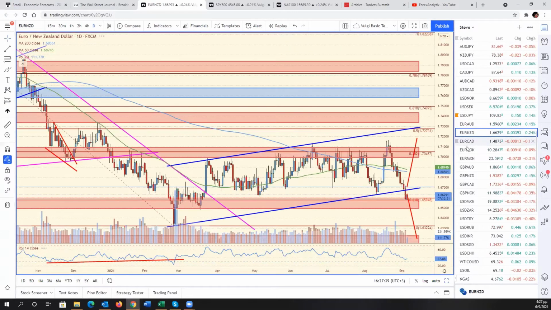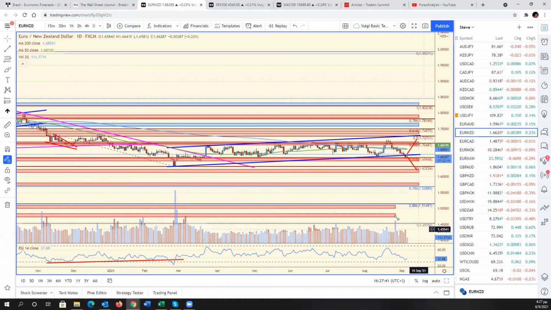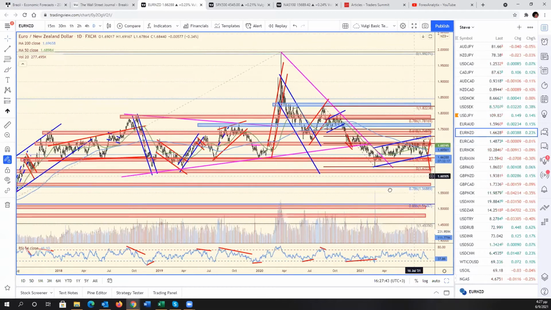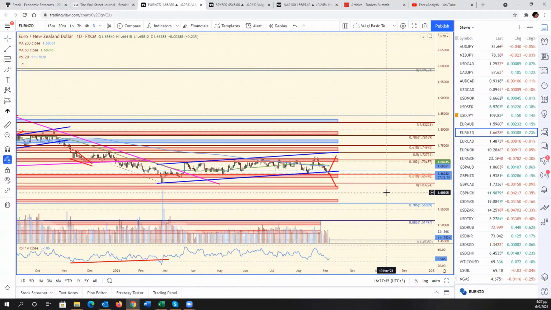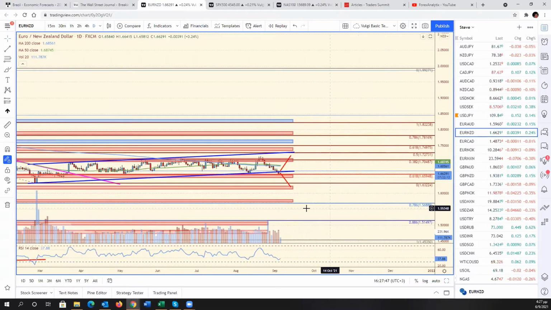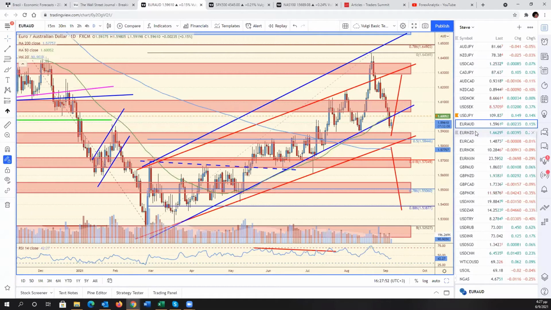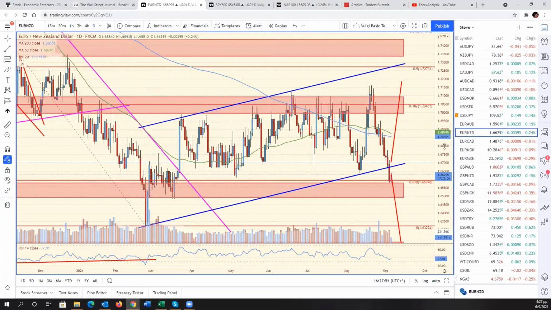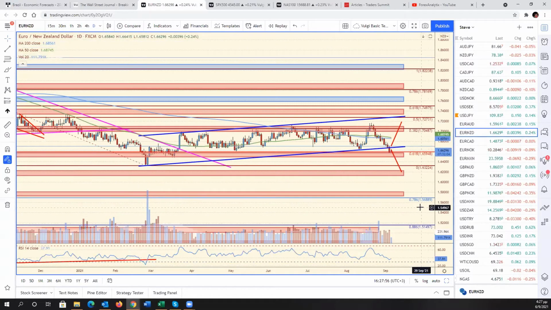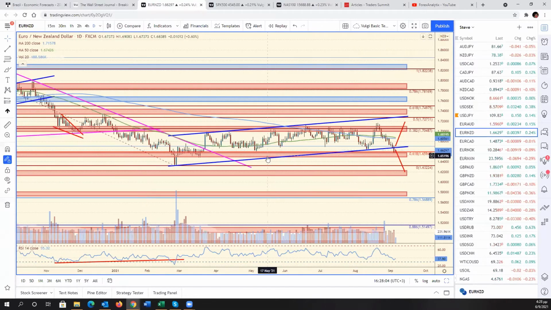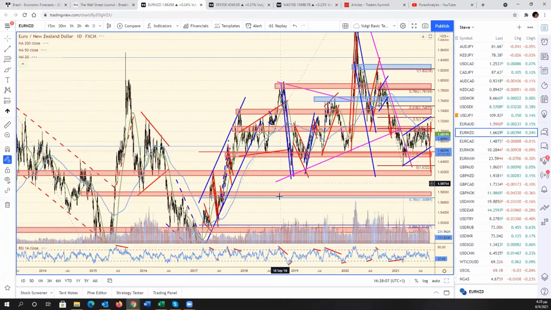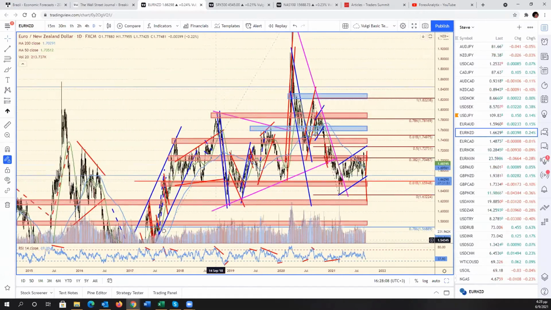Now, if you look at Euro Kiwi, without having to force any type of change in the channel here, we seem to be more or less where we are with the blue version of the channel here, right? Meaning having broken down on Friday, in this case, having already produced a lower low from the previous low, right? And currently testing the 61.8% fib of this whole move higher, right?